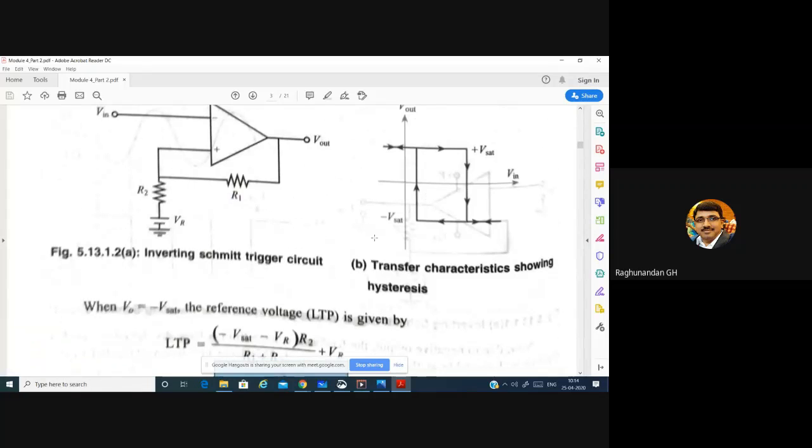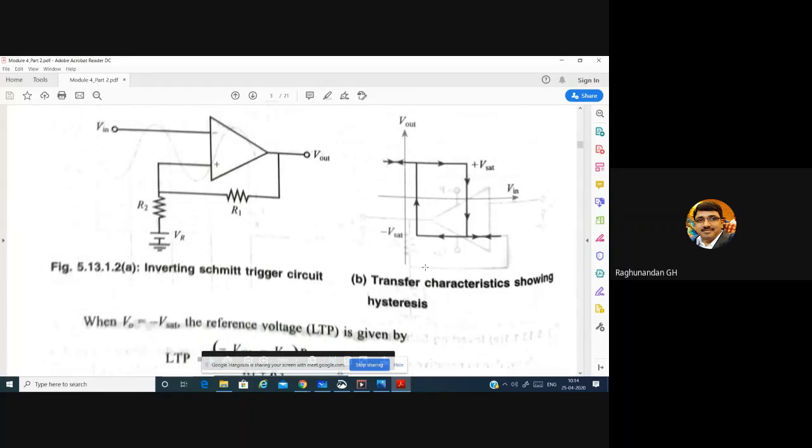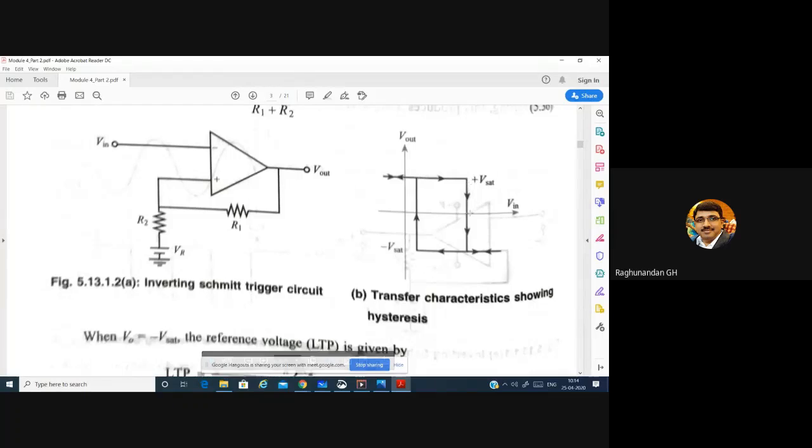Okay, we'll see this one, the transfer characteristics showing the hysteresis. See here, this is the positive phase and this is the negative part, and this is plus V saturation, minus V saturation. Here, when the input keeps on increasing, when the input is positive, the output is at the positive level.